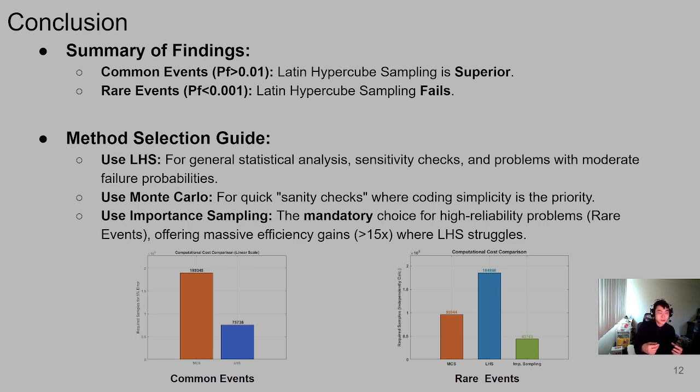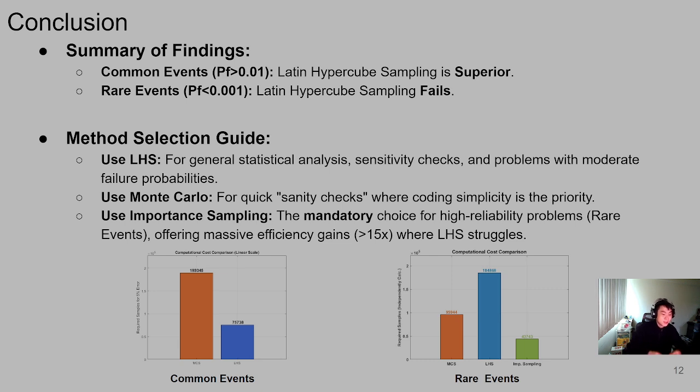We only need about 40% of the samples of Monte Carlo simulation. But for rare events, it fails to reduce the computational cost.